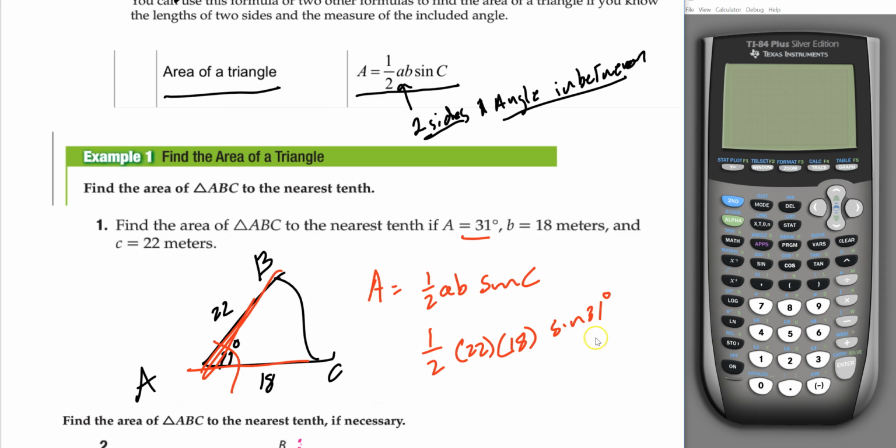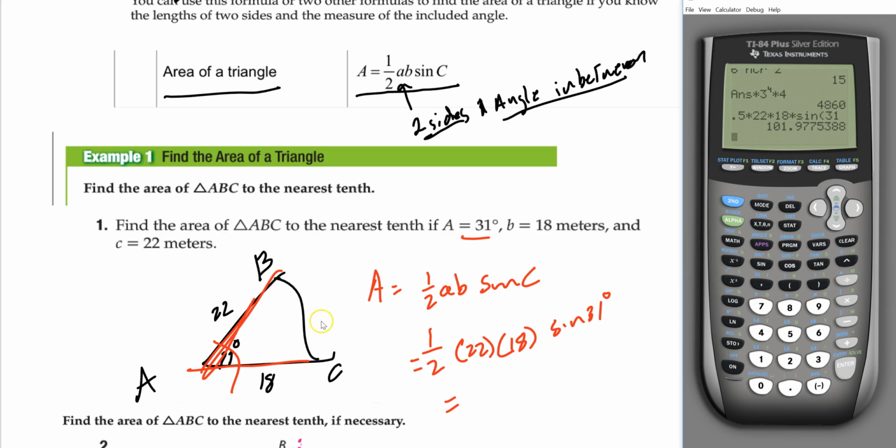Then all we do is plug that into our calculator. So turn on your calculator. Notice we have a degree sign, so let's make sure we're in degrees. Actually, the next 2 lessons, we're pretty much only in degrees. So make sure I'm in degrees, and then 0.5 times 22 times 18 times sine of 31.